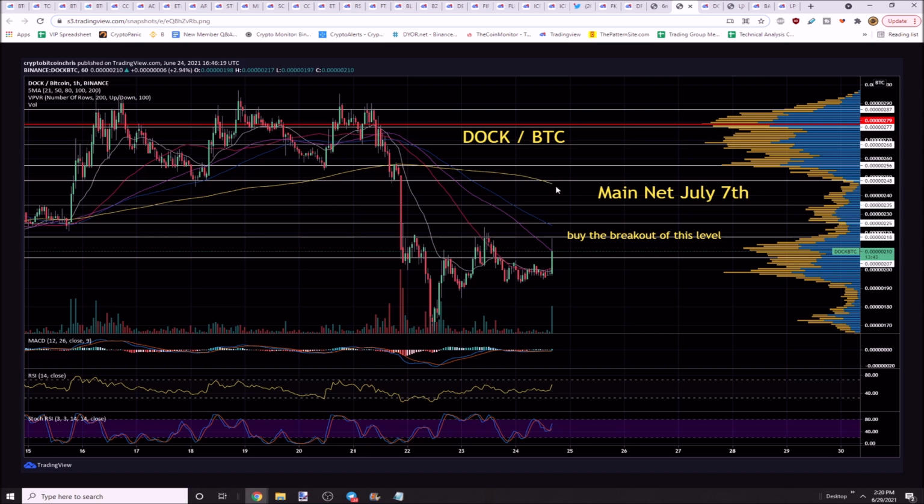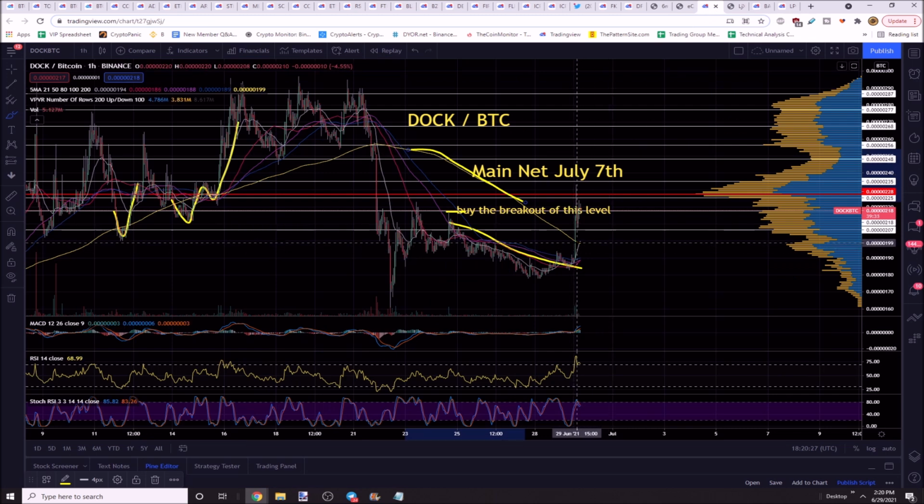Now, the 200 will act as a magnet, right? You'll see the price come up and test it and potentially get rejected off of it sometimes, okay? In this situation, after the price action broke above the 200, you get a bullish cross of the 21 and the 200, and then this gives upside continuation, right?